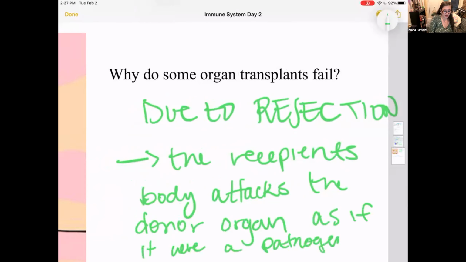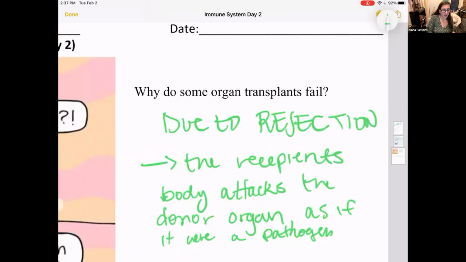So, your body recognizes like, hey, that's not supposed to be in here. Get out of here. And it can cause an inflammatory response, which would cause the organ to swell. We don't want an inflammatory response when we don't need one. And this can result in them having to remove the donor organ. And again, when people receive an organ donation, it's because they need that to survive.